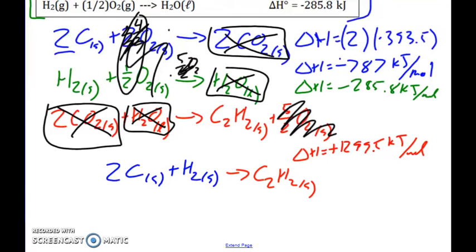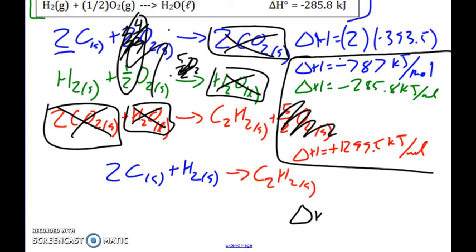So now we can look at our 3 enthalpy values to figure out our overall enthalpy. In this case, we'll work from the bottom to top.